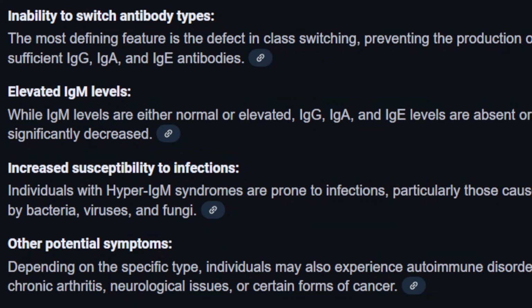The defining feature of this defect is a class switching problem, preventing the production of sufficient immunoglobulin G, A, or E antibodies. So there are elevated immunoglobulin M levels, while the immunoglobulin G, A, or E levels are absent or significantly decreased.